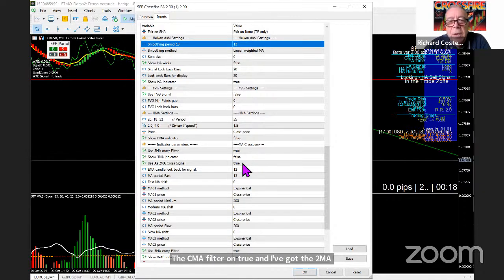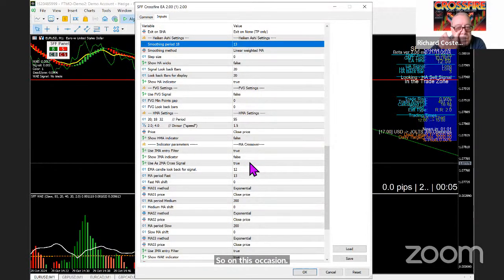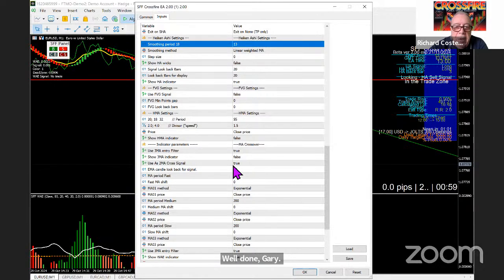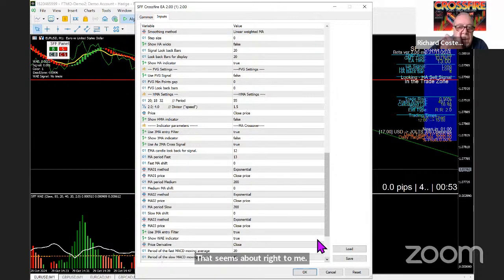So it's looking for a recent MA cross, and Gary's got his set on ignoring the MA cross. So on this occasion, Gary made the right decision. Well done, Gary. I'm looking for the crossover within the previous 12 candles. That seems about right to me. You're free to change that if you want to.